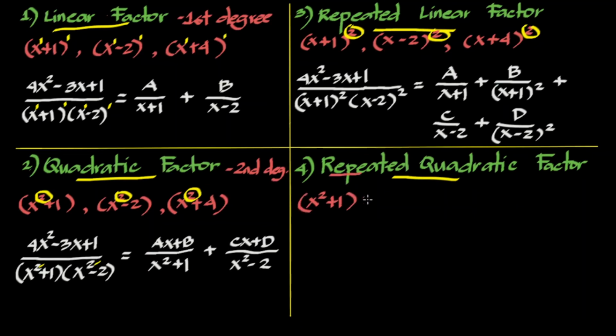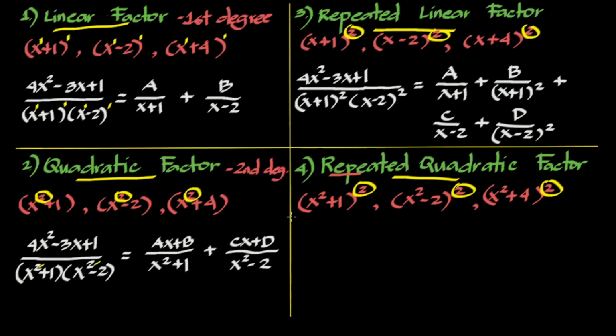And since repeated, therefore, lagyan lang ng squared sa labas. Okay, so yan lang yung mga hints. Lagyan lang ng squared sa labas kapag repeated. Ayan. So, ito yung palatandaan sa mga repeated.